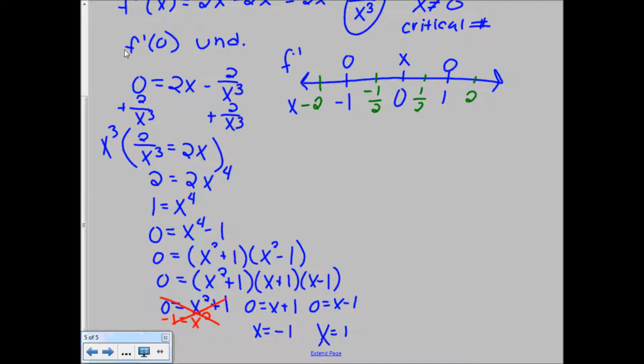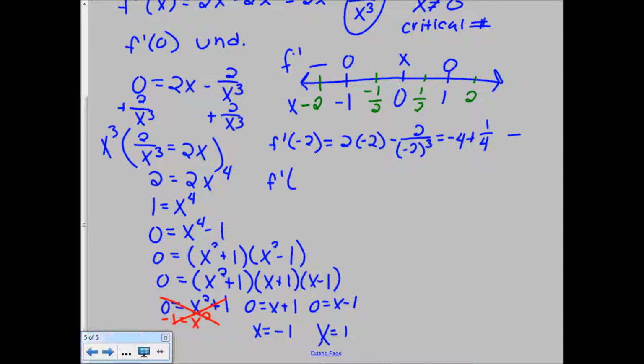For f prime of negative 2, we're going to get 2 times negative 2 minus 2 over negative 2 cubed, which is equal to negative 4 minus 2 over negative 8, so plus 2 over 8, which is 1/4, which is going to be a negative number since 1/4 is less than 4.